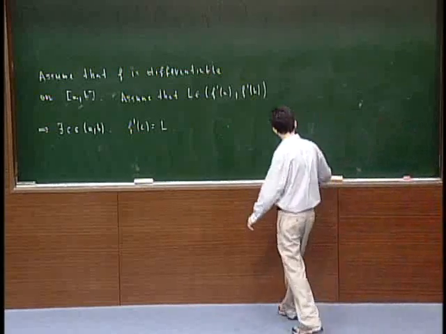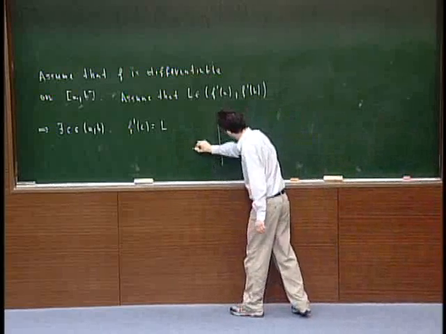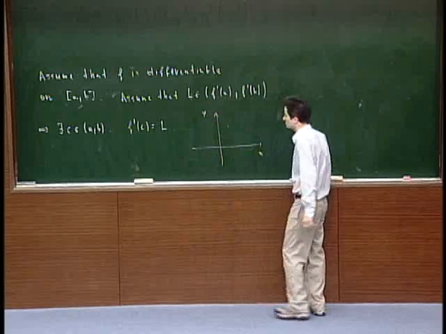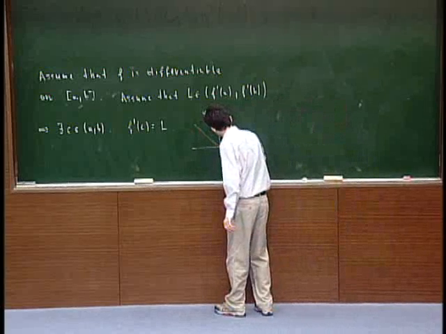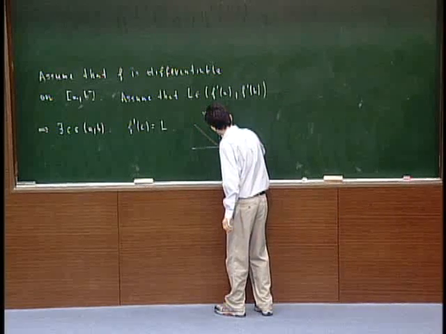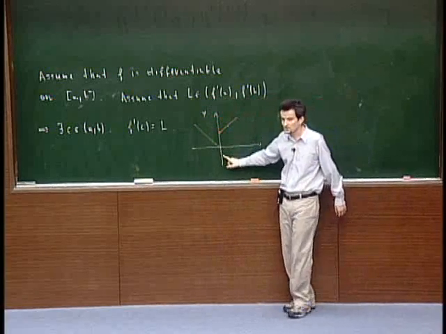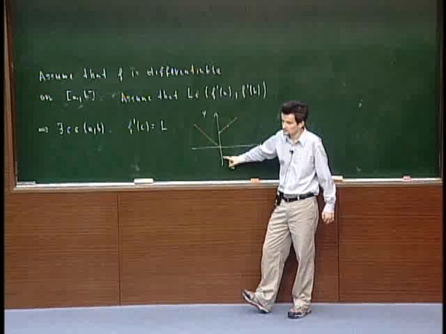Now, this tells you, for instance, and this is quite interesting, that if you have something like this here, a function which jumps at 0, this function cannot be the derivative of a function.